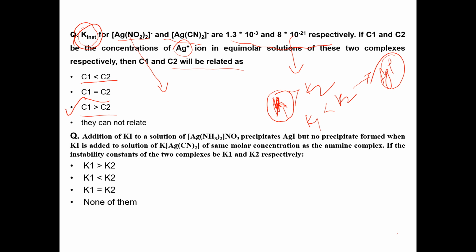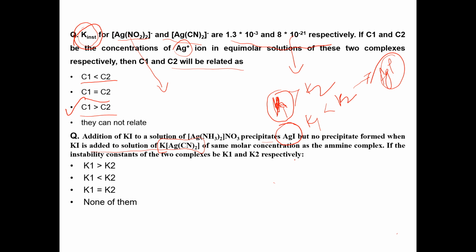Same here, the addition of potassium iodide solution precipitates AgI. If the complex is stable, why would it lose its ions in the solution and form a precipitate? So addition of KI to the solution precipitates AgI, but no precipitate forms when KI is added to this.